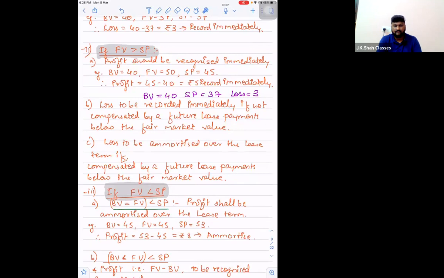That's why I asked. What clarification? Sir, in case of loss, we have to see the market price of similar lease. Is that right? In case of FV is greater than SP. Yes. Okay, sir.